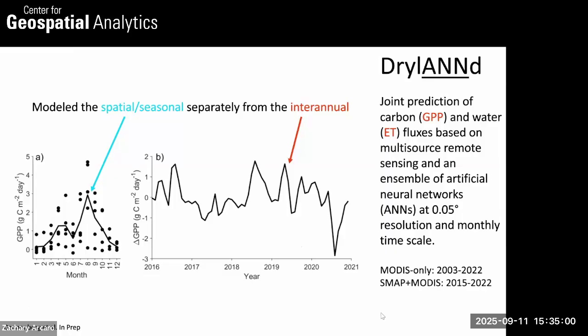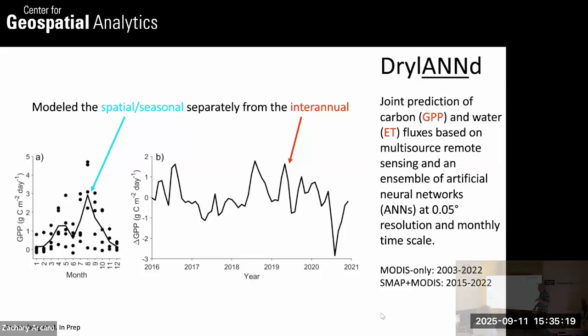Like I said, the variance structure in primary production is such that most of the variance is in the spatial and the seasonal, and less of the variance is in the interannual. So we developed models that predicted those things separately, thus forcing the models to fit to the variance that we're interested in.